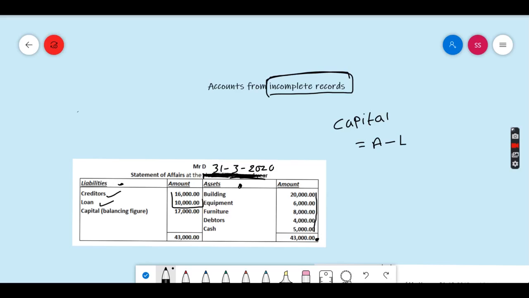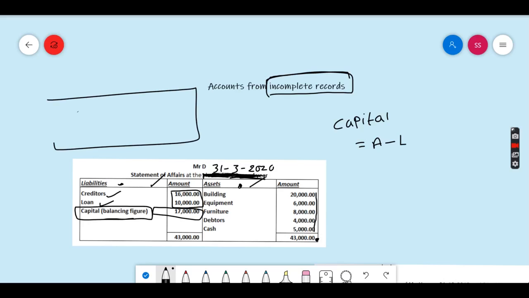If you minus 16,000 and minus 10,000 from 43,000, whatever balancing figure you get will be considered as closing capital, right? So in the question they will give closing assets and closing liabilities. All you need to do is prepare one format, put all the liabilities and assets in one place and find out the balancing figure like this, right?